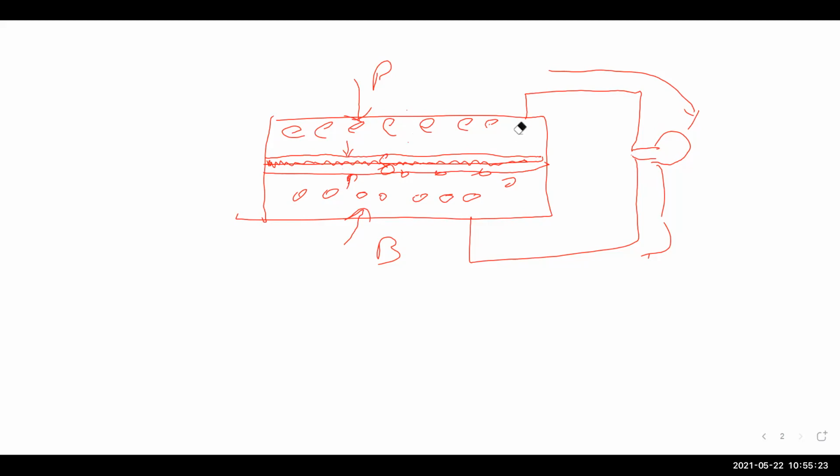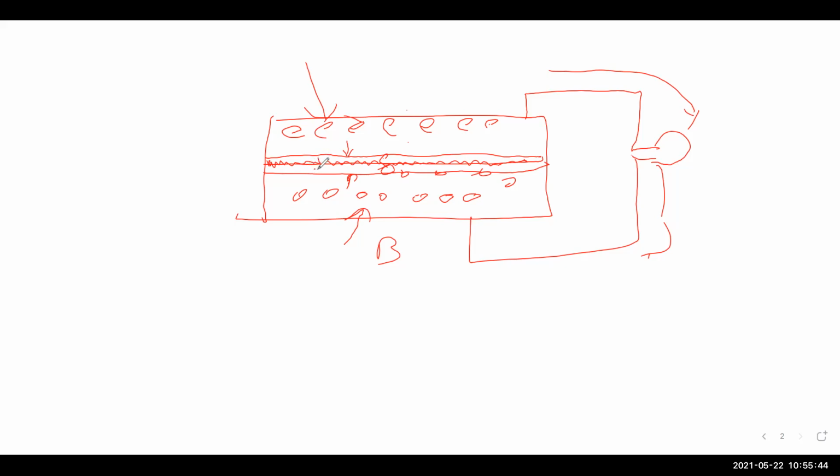Now if you inject more electrons over here, or from solar rays, solar radiation, it penetrates to this upper layer and it falls at this depletion layer.